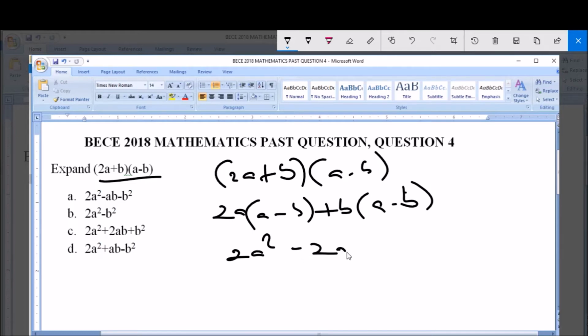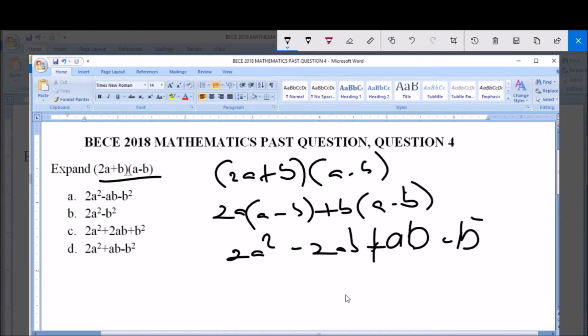Then plus b multiplied by a gives us plus ab, and plus b multiplied by minus b gives us minus b². Remember, minus times positive always gives you minus. So now we have 2a² - 2ab + ab - b².